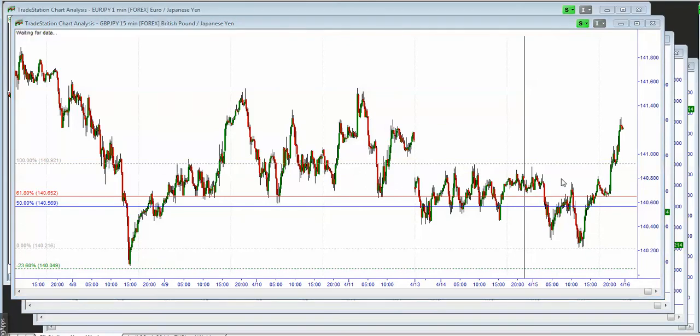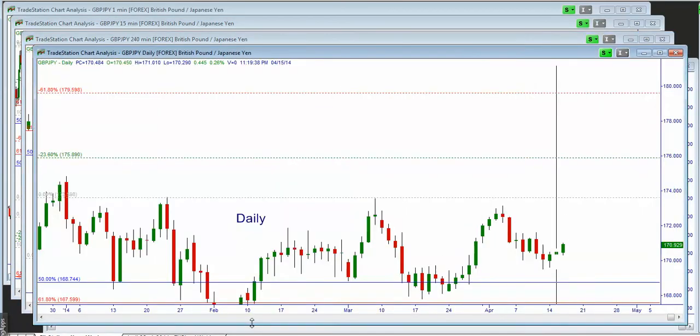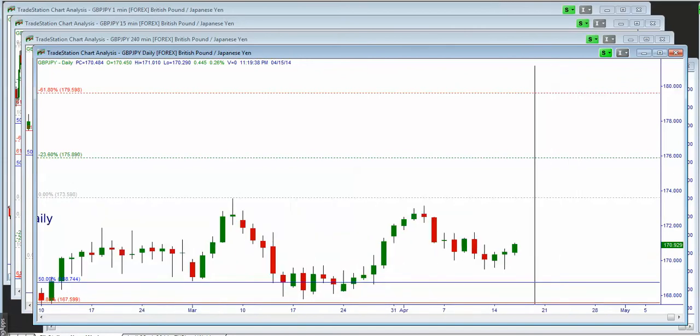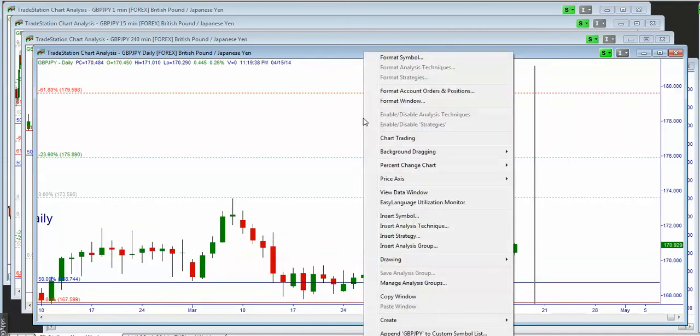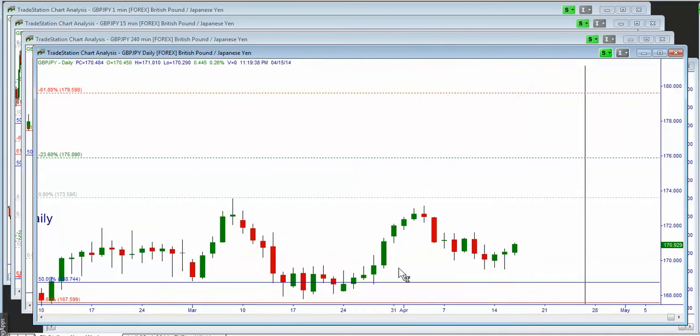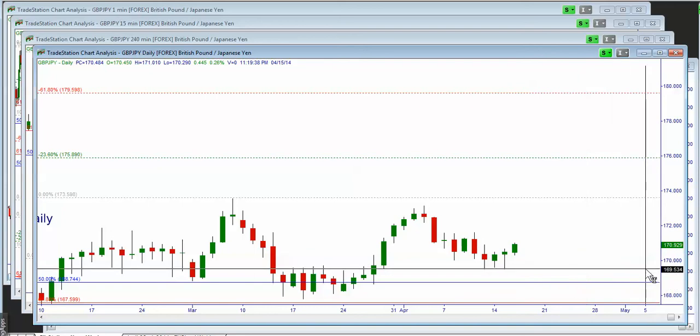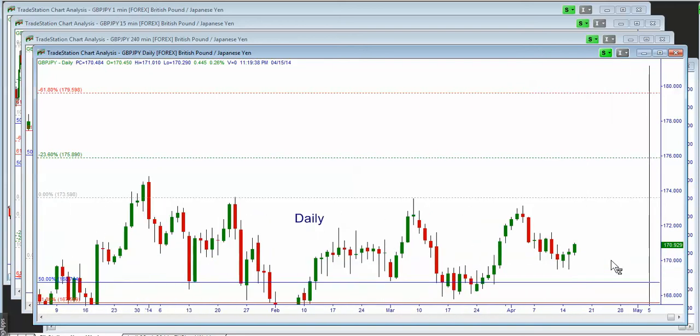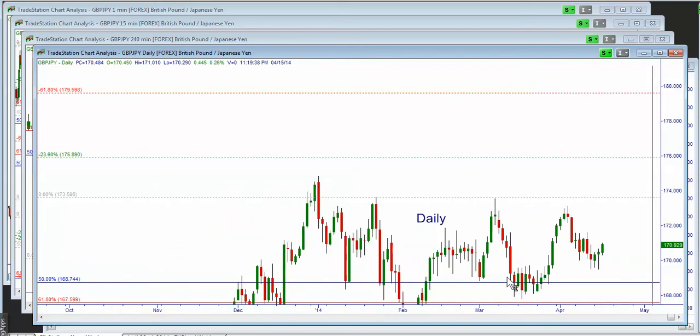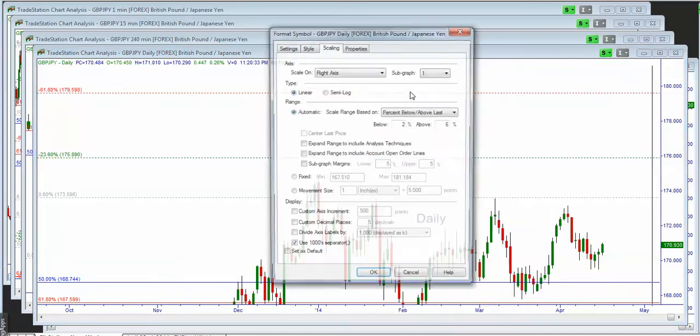Moving to the pound versus Japanese yen, again starting from the daily here. The situation is slightly different here because I wanted to see this market retest 168.74, and this is a level that has been tested once and twice. It's not a level actually, but an actual area of support here.